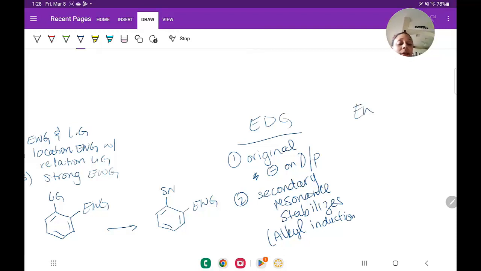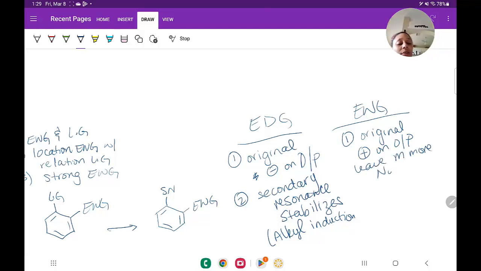If you're talking about electron withdrawing groups, the 2 reasons are, for the original structure, there's a positive charge on the ortho and para, which leaves meta more nucleophilic.